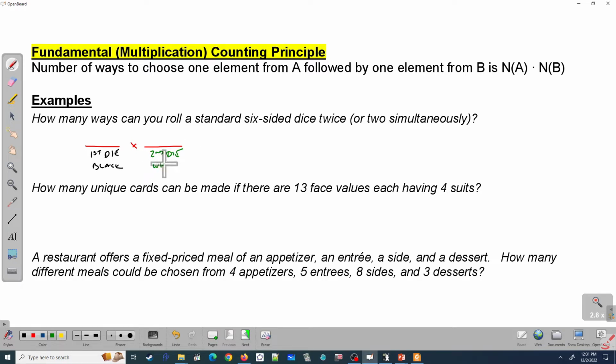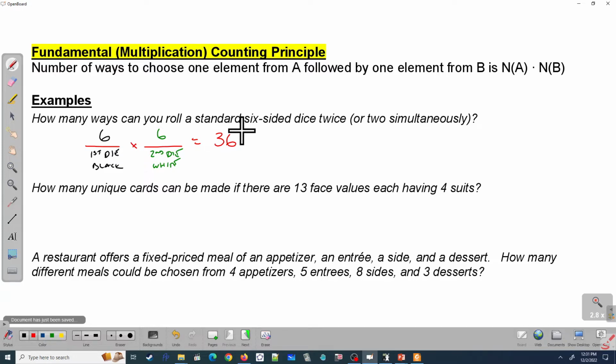Okay, that will be called a white die. And there were 6 ways to roll the first die and 6 ways to roll the second die. And that kind of goes back and justifies how I came up with 36 different dice rolls: 1,1, 1,2, 1,3, and 2,1, 2,2, 2,3, where the 2,1 and the 1,2 were different. All right?